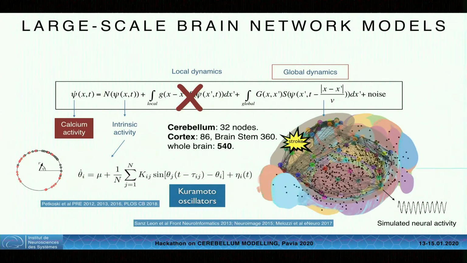And now I will shortly describe the use case about the stroke. So basically what we are trying to model is the dynamics before and after the stroke. And when I say dynamics, it's the dynamics as seen by wide field calcium imaging. I will show it later. So basically we have a field of view. We have the animal when it's healthy, no stroke, and then stroke occurs in the right primary motor cortex, and we try to find the changes in the functional connectivity that we observe in the data, how much we can explain them by the rewiring of the connectome, because the stroke destroys some of the connections.